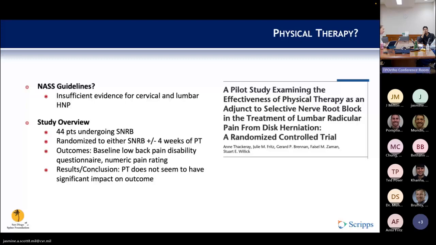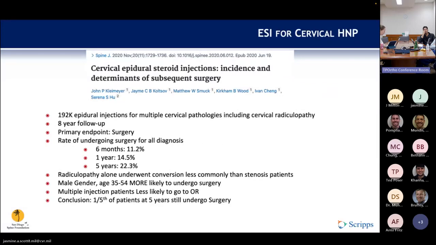Epidural steroids, specifically for cervical HNP: the point of this study is they had a lot of different epidural injections, 192,000, with 8-year follow-up. The primary endpoint was surgery. The bottom line takeaway is that by 5 years, 20% of these patients are still going to be undergoing surgery.